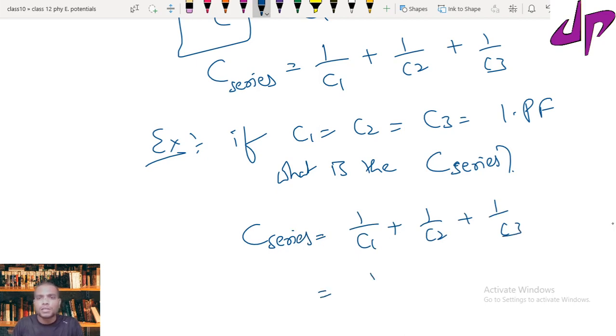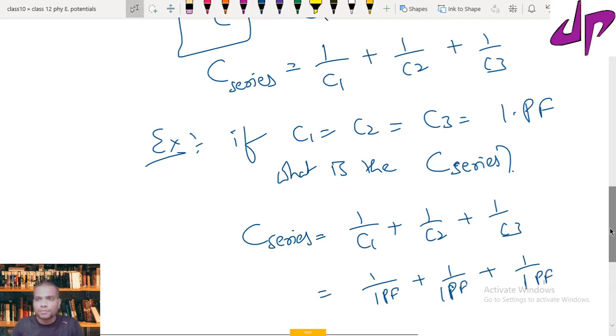Now the C1 value is given as 1 picofarad, and C2 is 1 picofarad, and C3 is also 1 picofarad. Pico is 10 power minus 13.